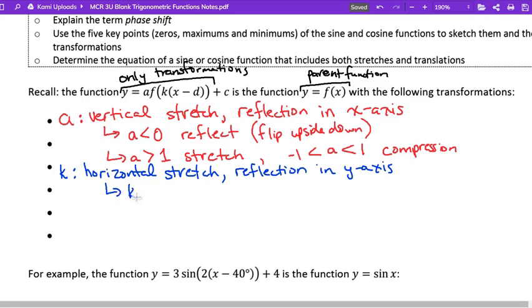If k is less than 0, so if it's negative, we reflect. Which axis is the monkey bar around which the function spins? The y-axis. It's like you're spinning sideways. So we're reflecting in the y-axis.